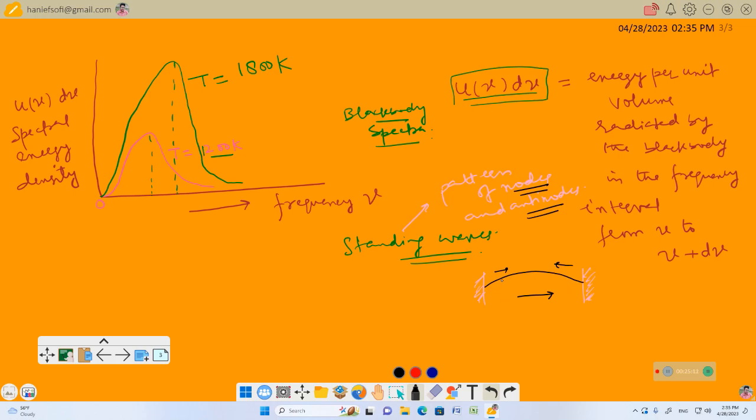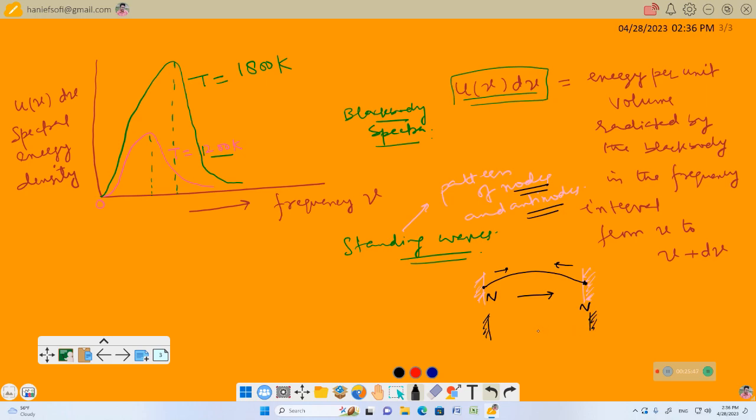For example, in this string, which is tied at the two ends in this way, there can be many modes of oscillation, but in all modes, the ends will be nodes. That means the ends will be at rest always. Now, one mode is this. There is another possible mode. There can be many modes.